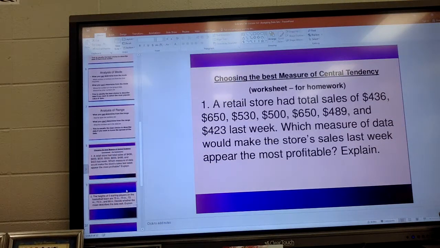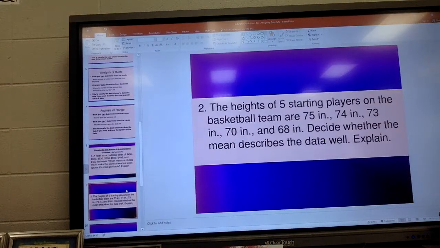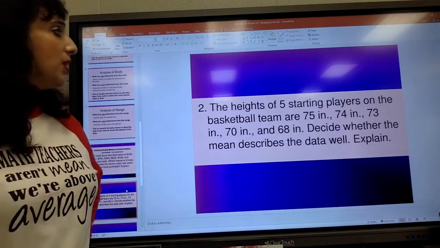Okay, let's see in this one. The heights of 5 starting players on the basketball team are 75 inches, 74 inches, 73 inches, 70 inches, 68 inches. Describe whether the mean describes the data well. Explain. Well, if I look from 68 to 75, there is not that much of a difference.